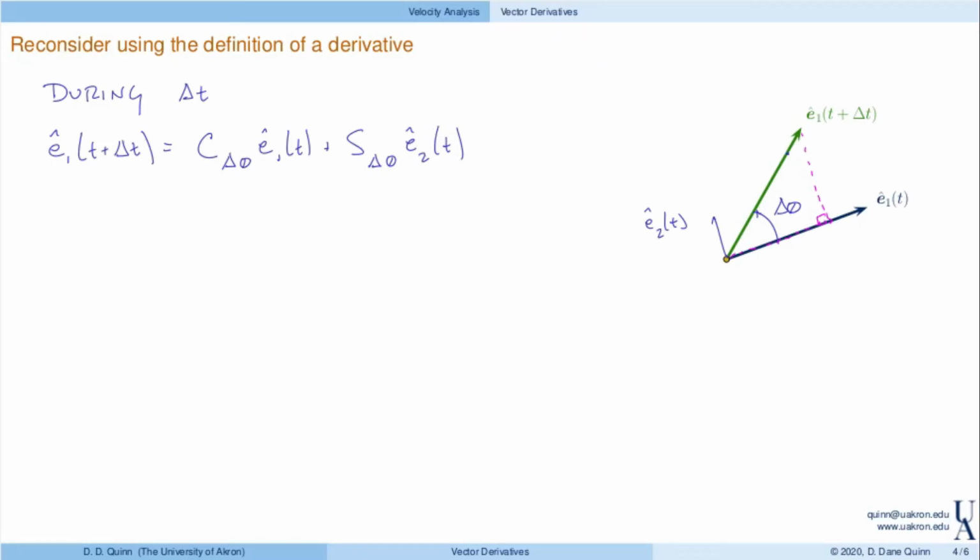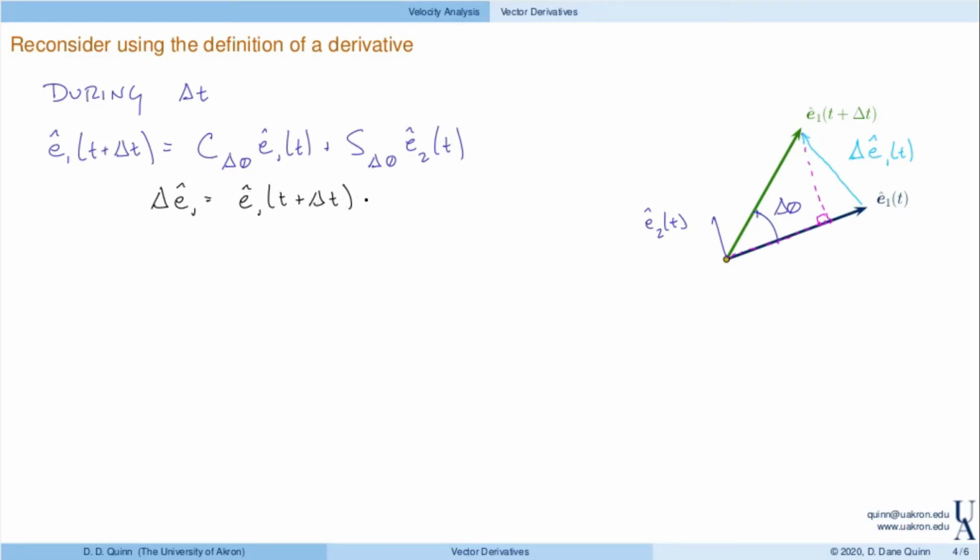Now, what I'm really going to be interested in is the displacement, right? So here, the displacement will be this vector. Right, so that'll be delta E1 at time t. So this is the displacement from t to t plus delta t. And as a result, this becomes E1 at t plus delta t.